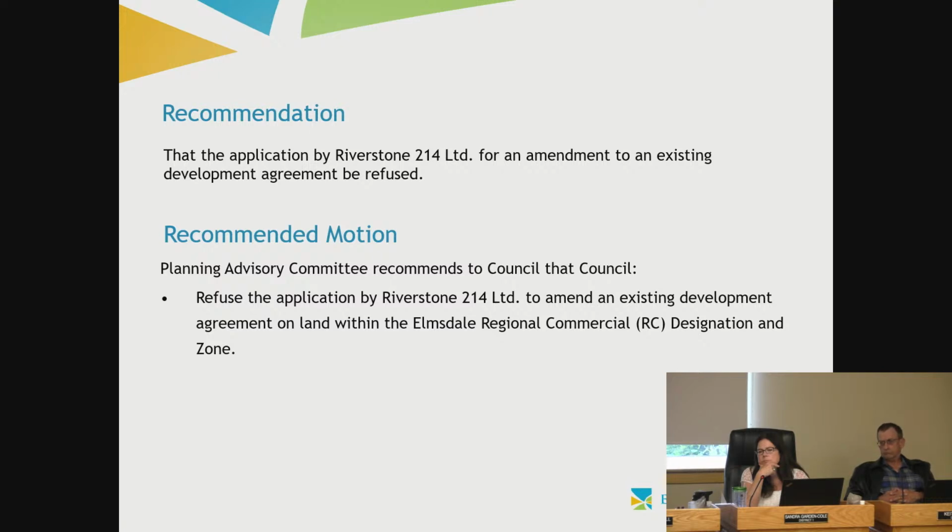On the basis of current spending patterns measured against the current retail inventory, it's estimated that approximately 60% of retail sales outflow, so they go out of the municipality. By creating a framework for retail opportunities in the community, the municipality can be in a better position to start minimizing that retail sales outflow. So by providing more retail space, it means that people within the community are more likely to spend their money in the community.